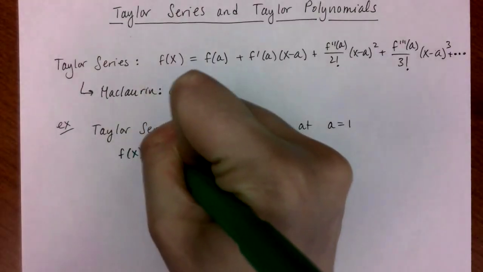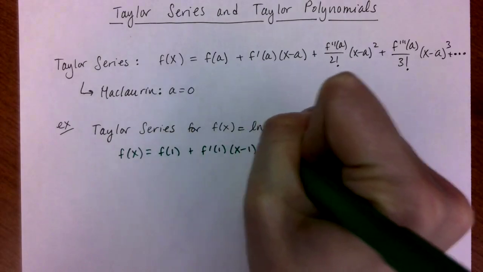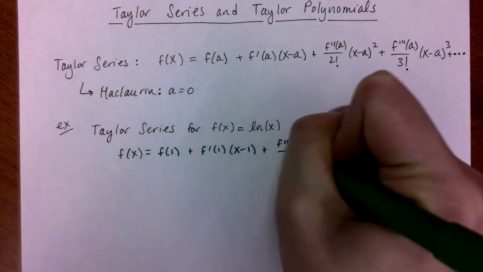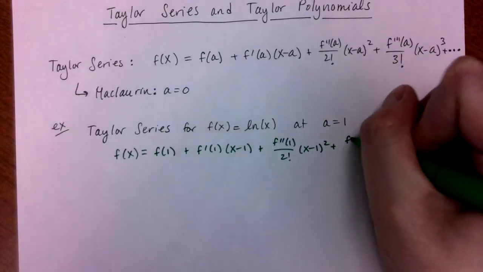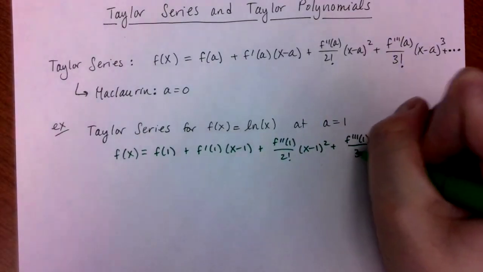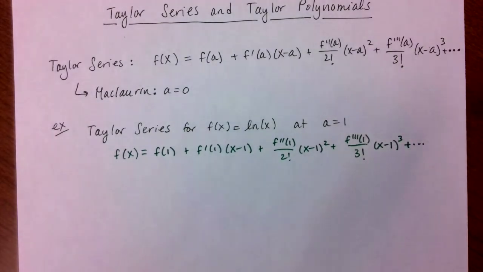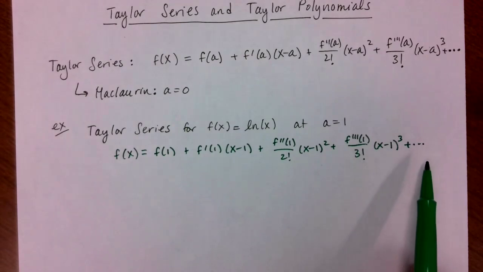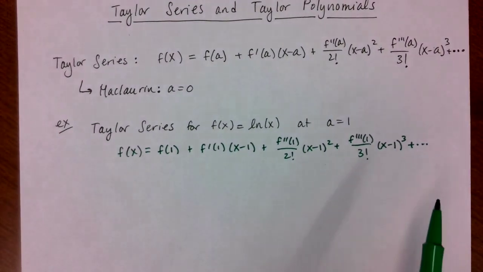So we'll have f of 1 plus f prime of 1 times x minus 1 plus f double prime at 1 over 2 factorial times x minus 1 squared. And let's go one more to the 3 term here. And always, if it's a Taylor series, we end with a dot, dot, dot to imply that this pattern continues forever.